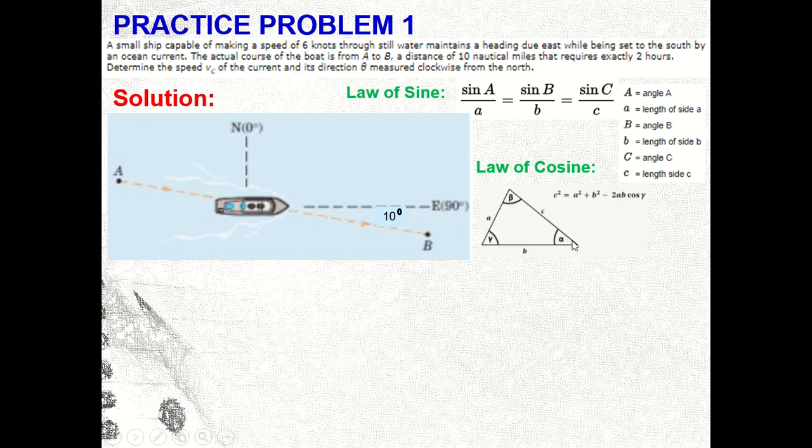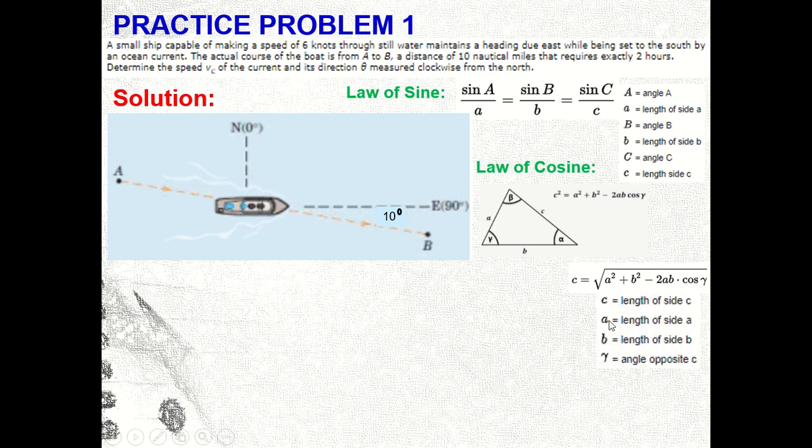Similarly, if you want to solve for b, you just use this pattern, and so with a. For c, you just take the square root on both sides, and you get this value for c, where a, b, c are the lengths of the sides, and gamma is the angle opposite to c.